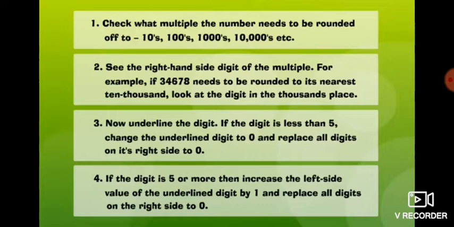Number 3. Now underline the digit. If the digit is less than 5, change the underlined digit to 0 and replace all digits on its right side with 0. If the digit is 5 or more, then increase the left side value of the underlined digit by 1 and replace all digits on the right side with 0.